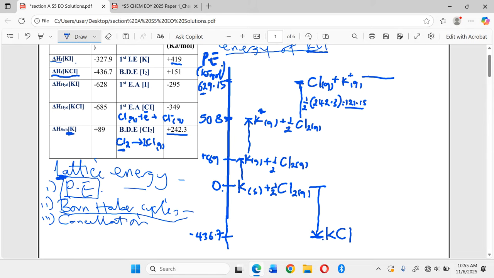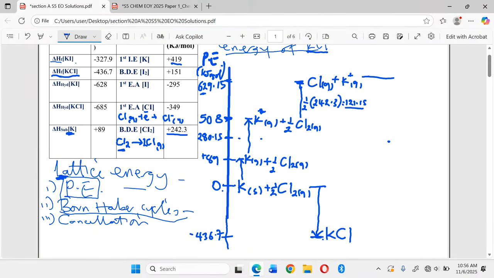So we get 280.15. Where is 280? Is it between these here? No, it is above 89. 200, it should be somewhere there. So it is 280.15. So we come to this stage.